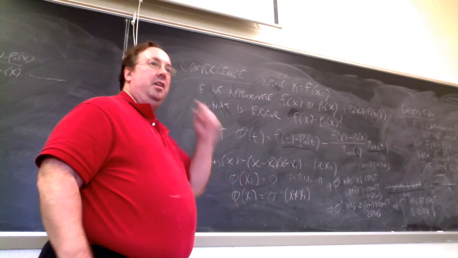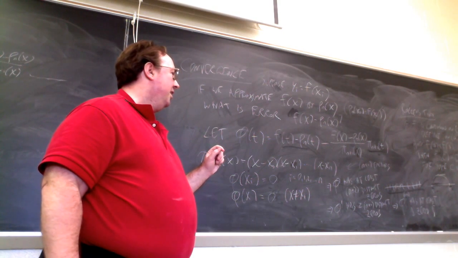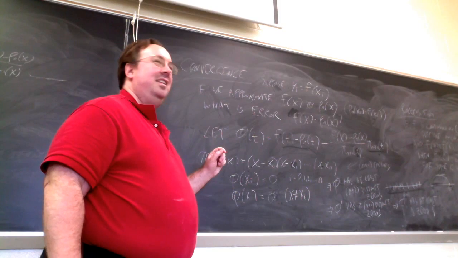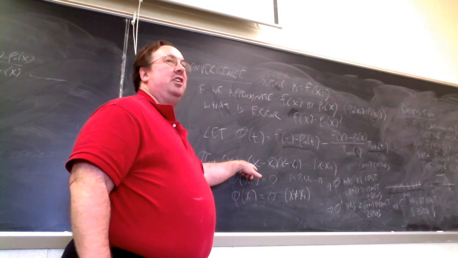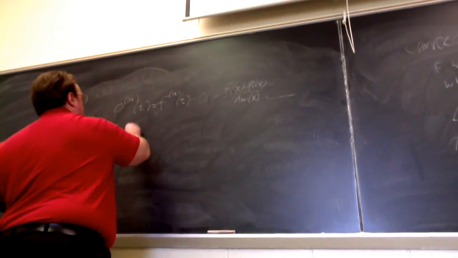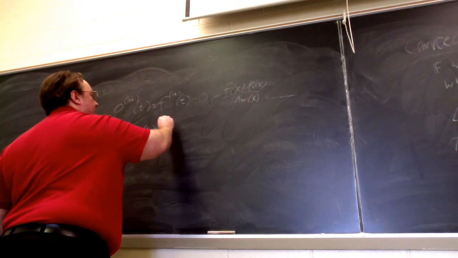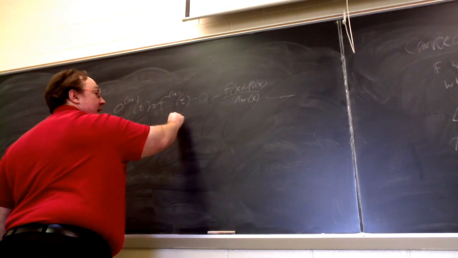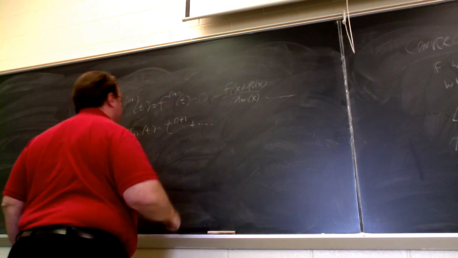There's more to it than that. The leading coefficient of this is going to be 1. So what I can say is pi n plus 1 of t is going to be equal to t to the n plus 1 plus lower degree terms.